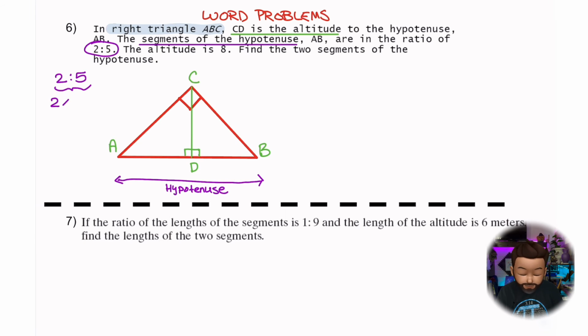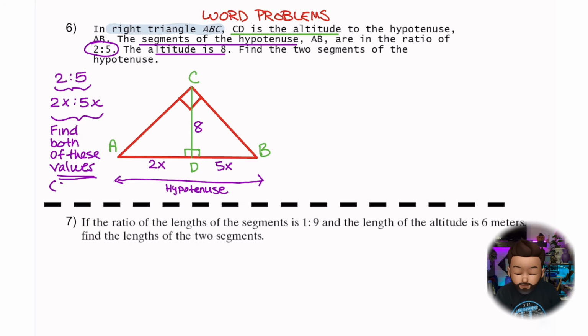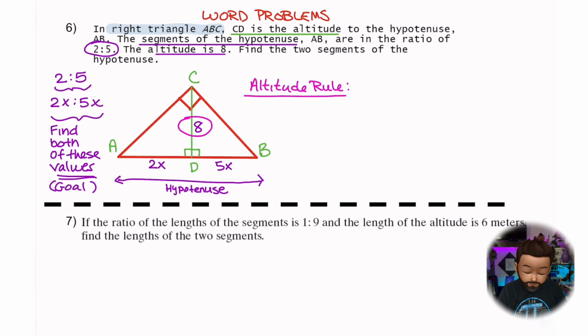It says that the segments of that hypotenuse are in a ratio of 2 to 5, and anytime you see this in a problem, just change it to 2x and 5x, or algebraic expressions, so that you can make them equal to something. All right, so each of those is 2x and 5x, and we know that we need to find both of these segments in the problem to find the solution to the question.